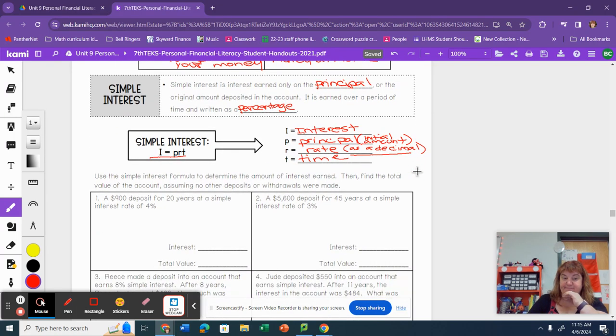So let's take a look at this. If you deposit $900 for 20 years, again, we're just using this formula. I equals PRT. So what's our original amount? We're going to learn the interest. I equals P, which is 900. R is the rate, interest rate, 0.04. And T, remember, is the time, 20 years.